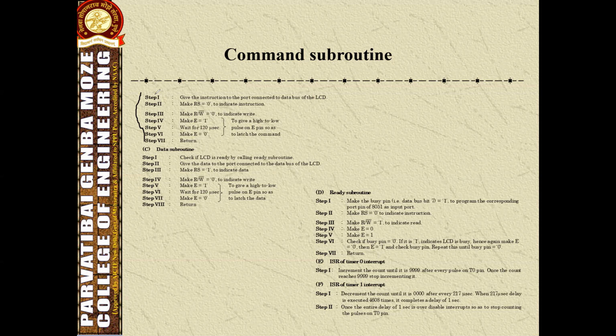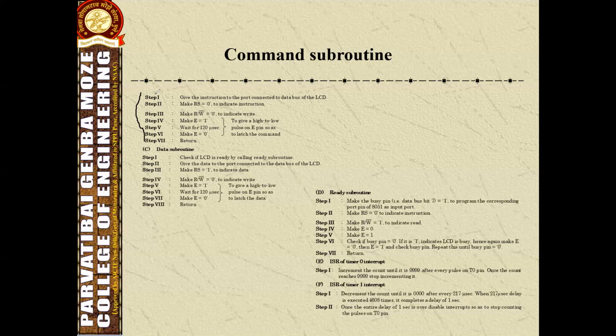First we make RS equal to 0 to indicate an instruction, and after that R/W bar, read/write bar, equal to 0 to indicate write. Again E equal to high, the enable pin. E is nothing but the enable pin, which goes high, and we wait for 120 microseconds, and again enable should be reset, and then return.